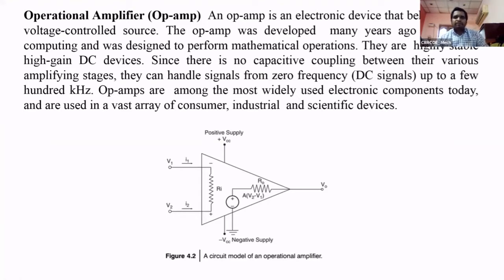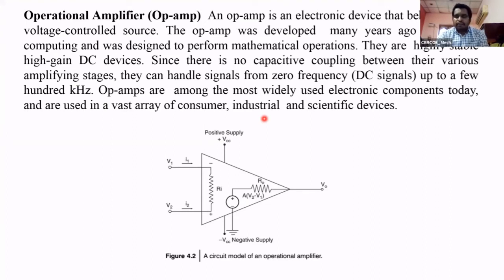Simply, it is the heart of the signal conditioning process. The name itself explains. Amplifier means it amplifies the input. The output is the amplification of the input. This is an electronic device. It behaves like a voltage controlled device. Operational amplifier is a voltage controlled device.